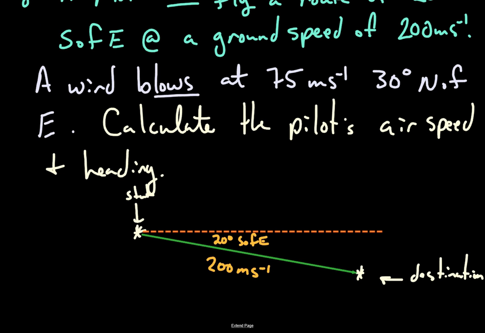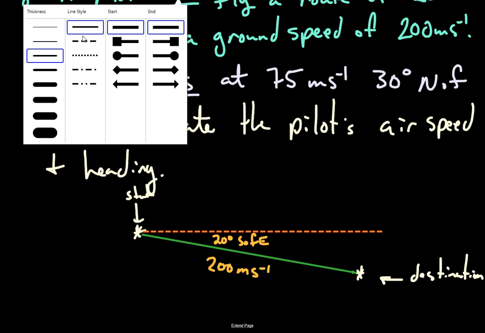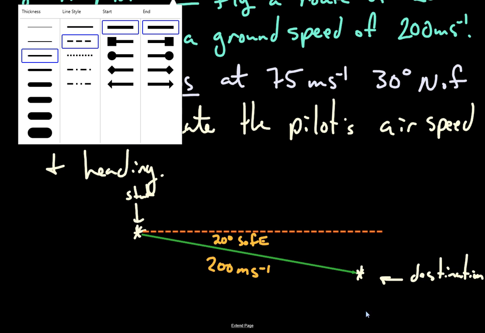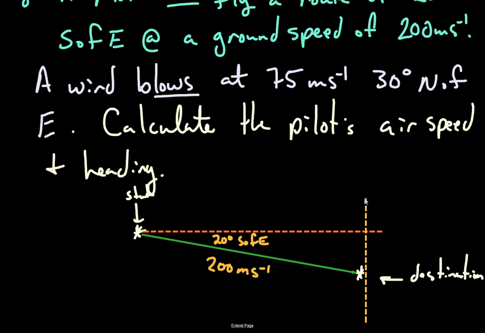So I'm going to add that in. 30 degrees north of east. First, let's give ourselves a guidepost here. Since we add our vectors tip to tail, we'll put it over here, and we'll add that wind vector on there and see what it would end up doing if we did not correct.